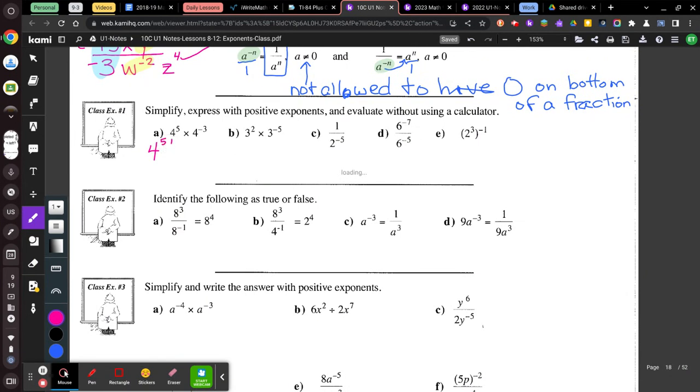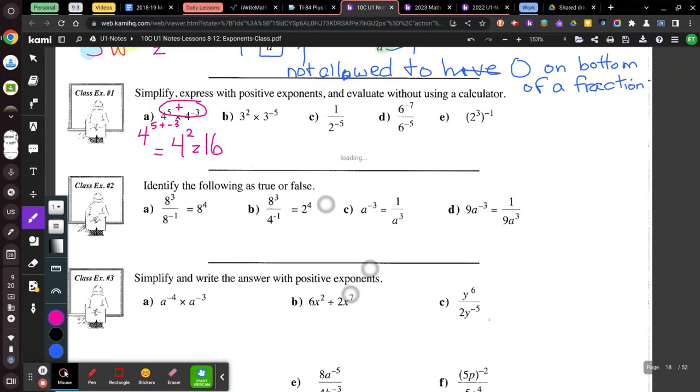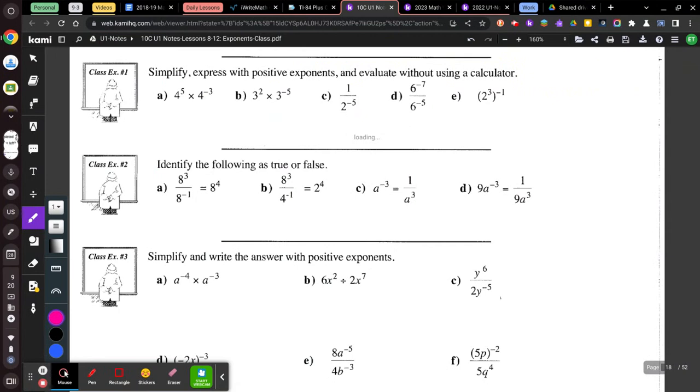And now I've got to add negative 3. Why am I adding negative 3? Because it's your exponent laws. Exponent laws, if you have the same base, you're adding exponents. So that's going to give me 4 squared, and now I solve it because it says evaluate. That's going to give me 16.